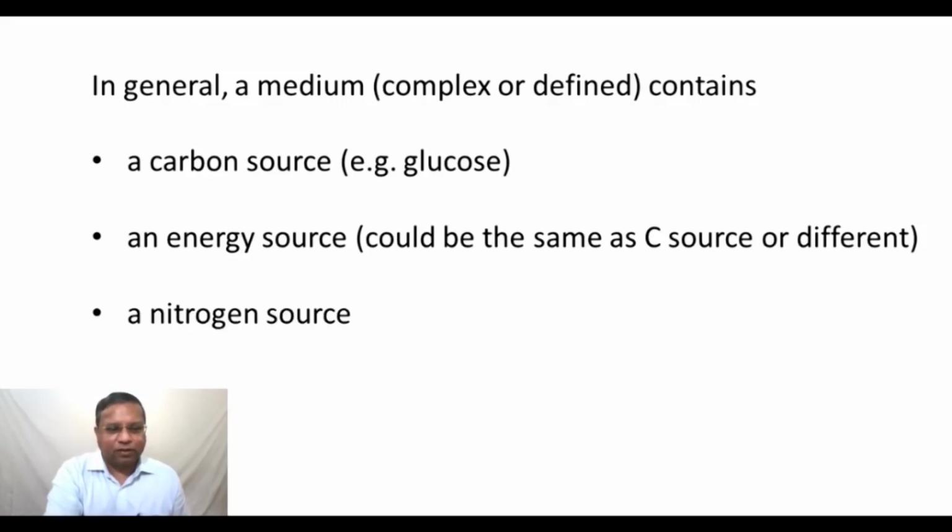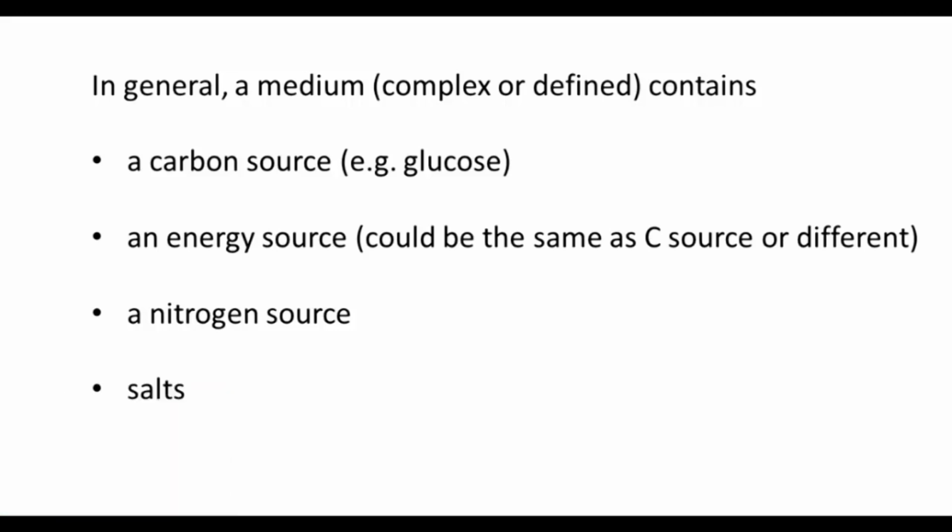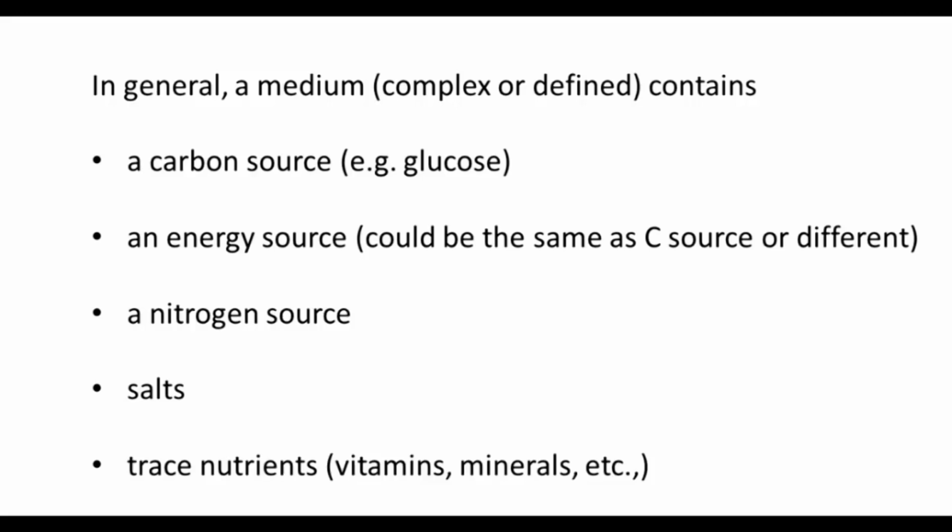A nitrogen source is also needed, because carbon, nitrogen, oxygen, hydrogen, phosphorus, and so on are the essential elements present in living systems, in cells. The medium contains salts. The medium could contain trace nutrients such as vitamins, minerals, and so on. So this is what a medium in general contains.